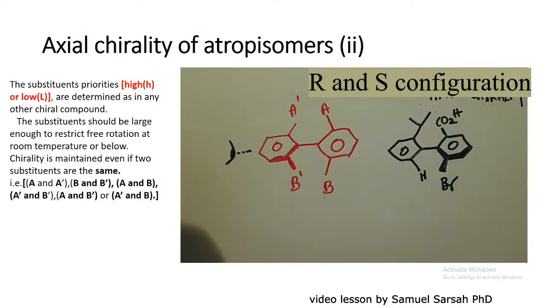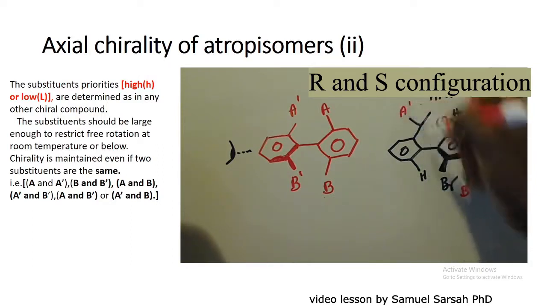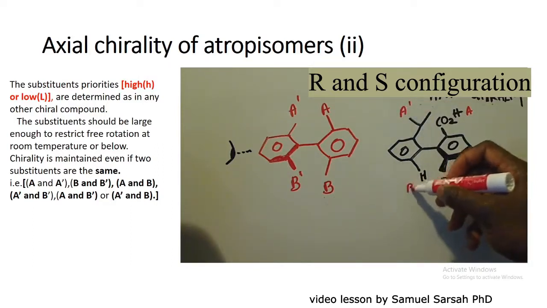Now let's try and assign our R and S configuration for this. So I'm going to call this side A and this B, A prime and B prime.